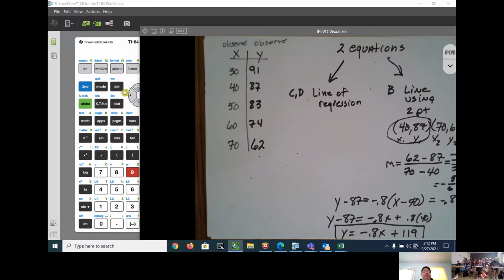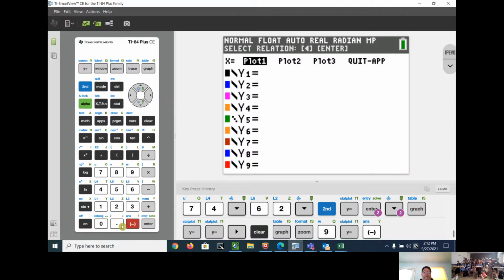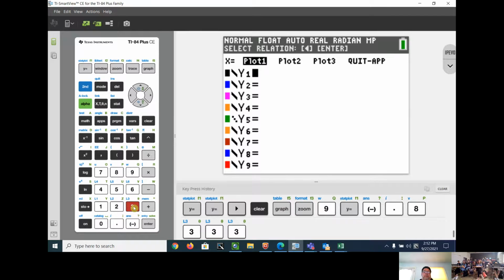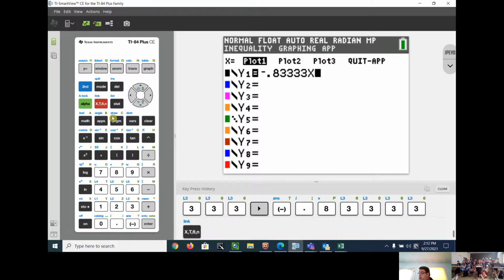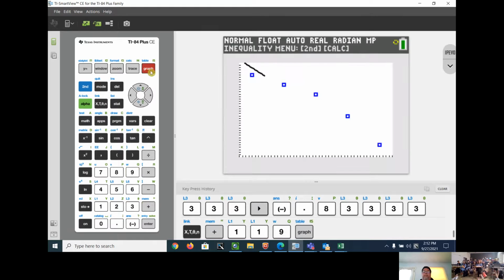Y is equal to negative 0.8333x plus 119. Graph. Okay, that's using those 2 points.